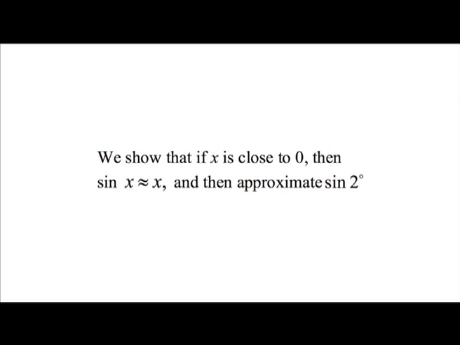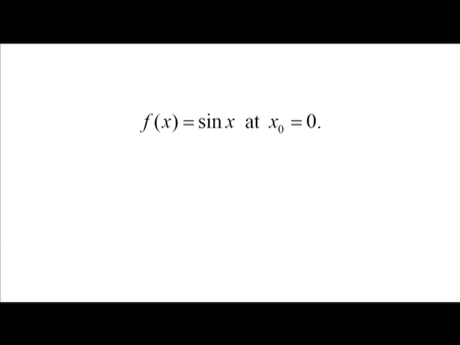We show that if x is close to 0, then sin x is approximately equal to x, and then approximate sin 2 degrees. Since we are interested in approximating sin x for values of x very close to 0, we compute the local linear approximation of f of x equal to sin x at x naught equal to 0.